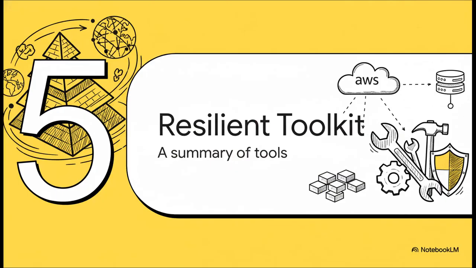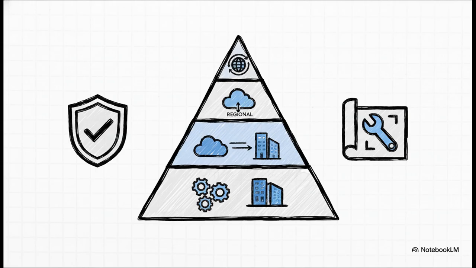Wow. Okay, so we have climbed all the way from protecting a single lonely server to managing a full global presence. Let's take a breath and just quickly summarize the essential tools that are now in your Resilient Architects toolkit. So let's just run back down the pyramid real quick. At the base, for component failures, we use decoupling with SQS and auto-healing with auto-scaling.